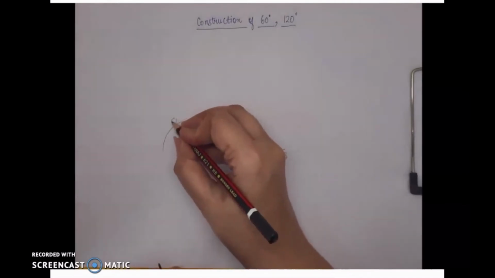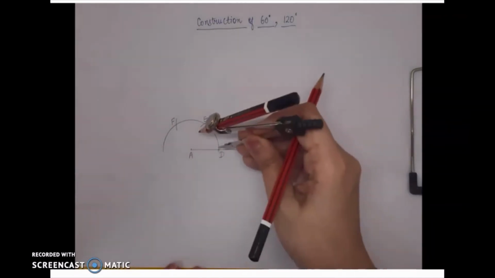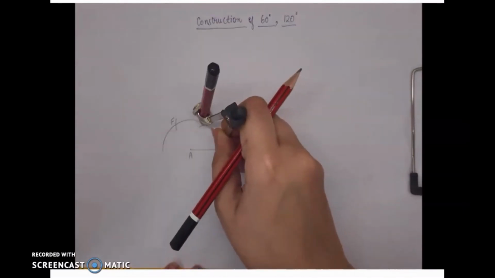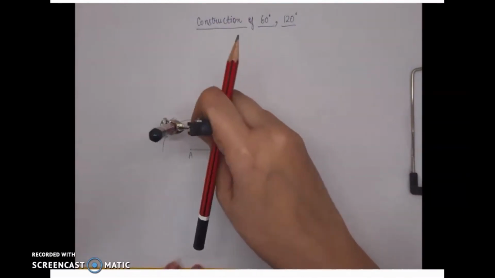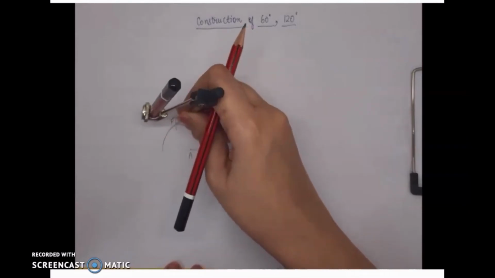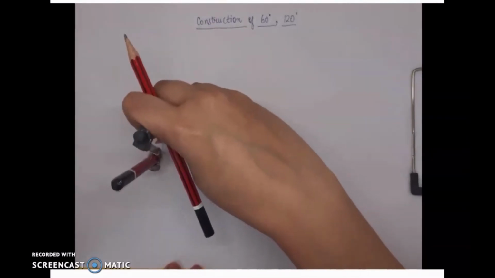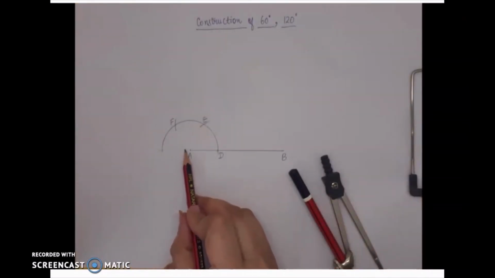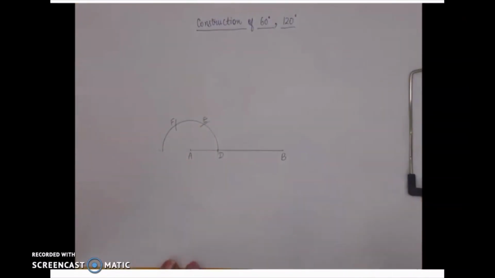And that point I am marking as F. Now this radius has to be same. AD, DE and EF, all these are same. Now if I construct another arc, then it will be touching the same line, AB extended, which means it will give me 180 degree.